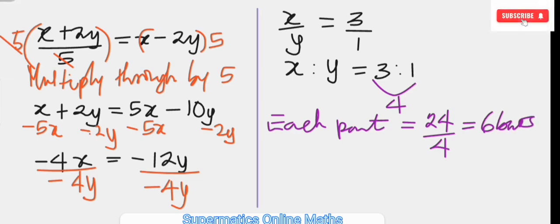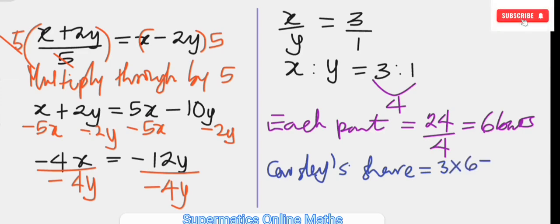And if each part actually has 6 bars, then Ashley, who has x, his share is going to be 3 times 6, so he's going to get 18 bars out of the 24 of chocolate.